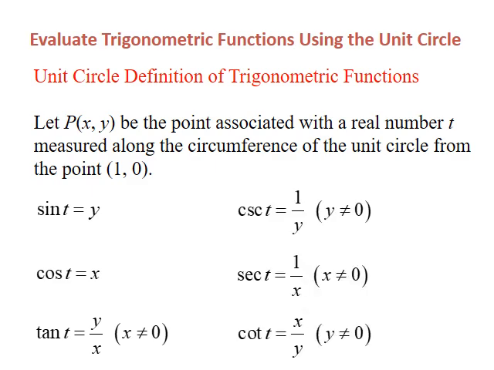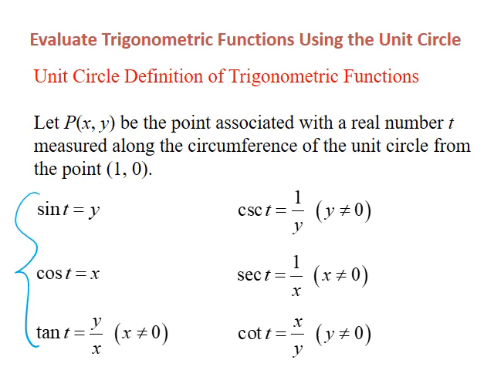So here it is expanded a little bit more. We had all of this on the previous slide, and now we are addressing 3 more trig functions. So there are a total of 6 trig functions: sine, cosine, tangent, cosecant, secant, and cotangent.